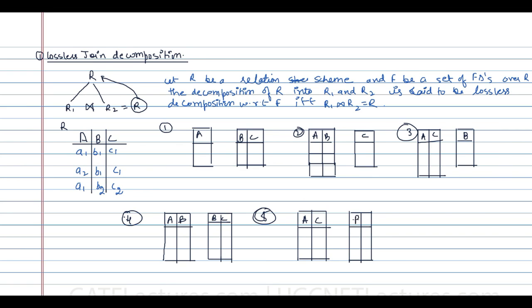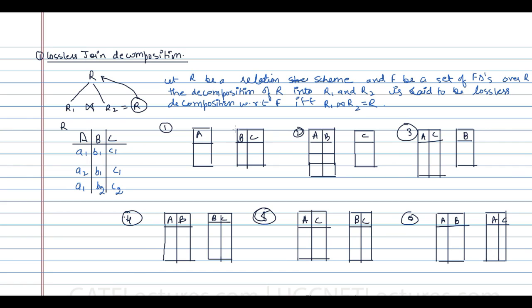Or you can take A and B in one table and A and C in another table. So these are 6 ways of decomposing this. There are more ways possible, but these 6 ways are suitable for our purposes.